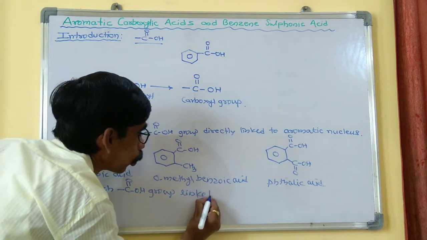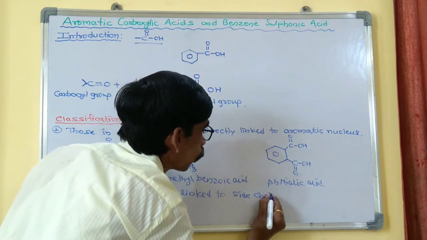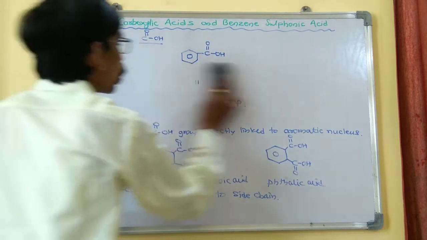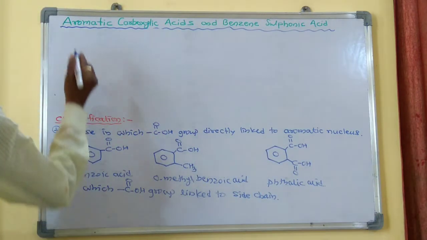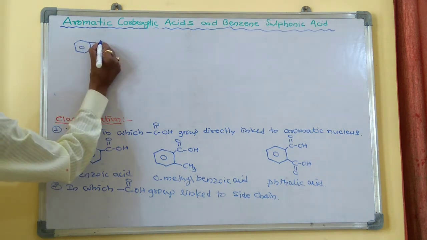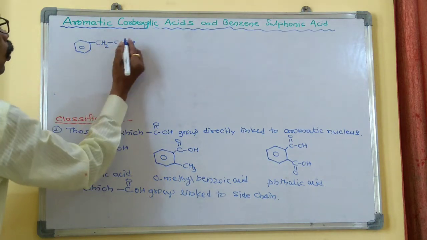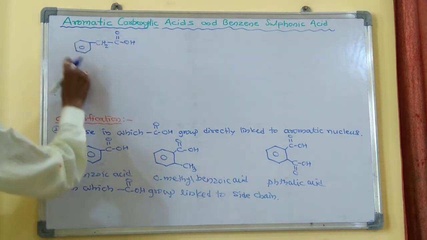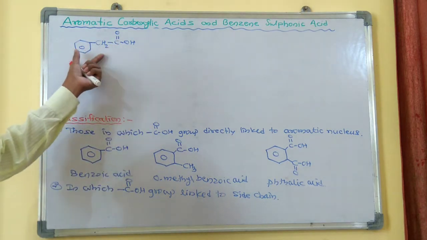For example, CH2COOH. Now, this aromatic compound is linked to this. This is the side chain, and therefore this COOH group is linked to the side chain.